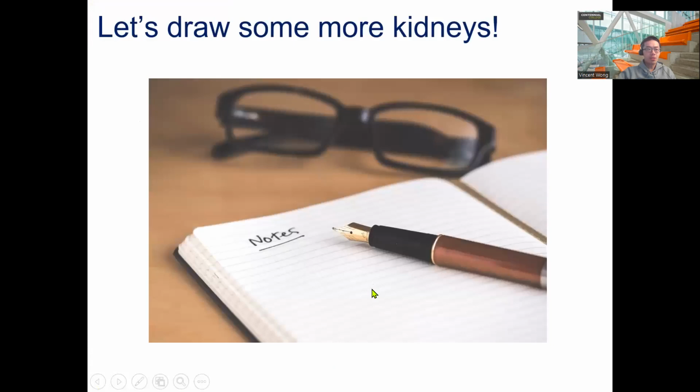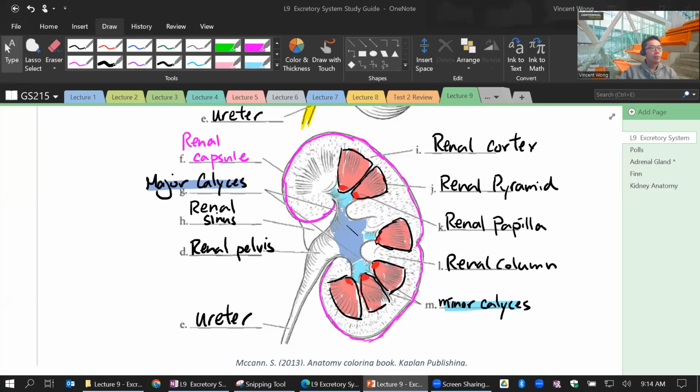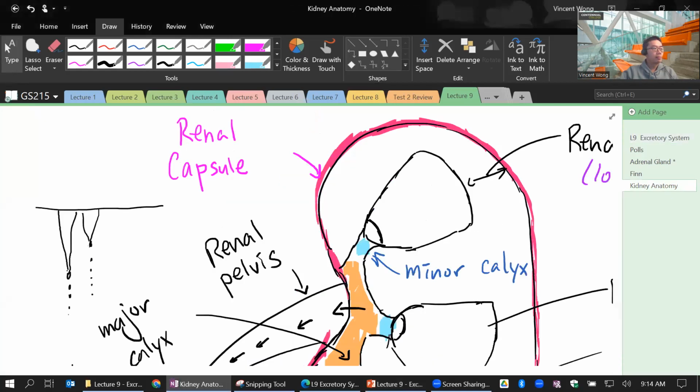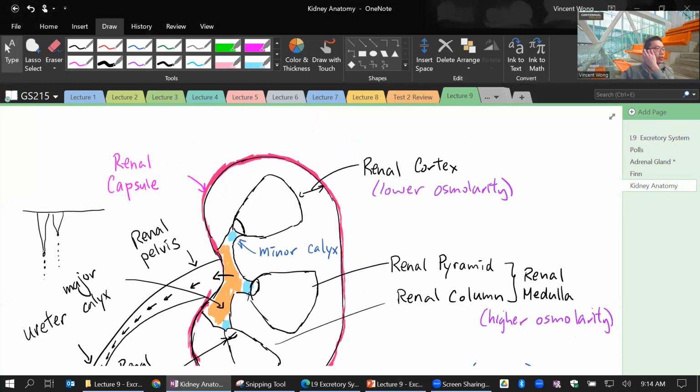All right, let's draw some more stuff. So where are we now? Next thing we're gonna do is look at our blood supply to our kidney. So you want to start a new page for this.